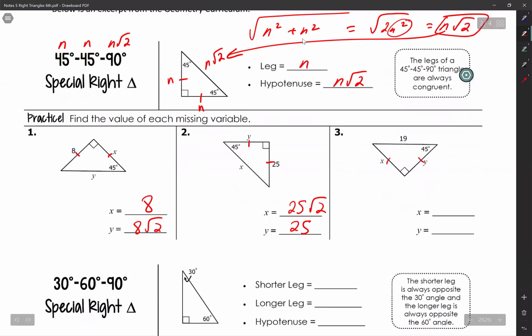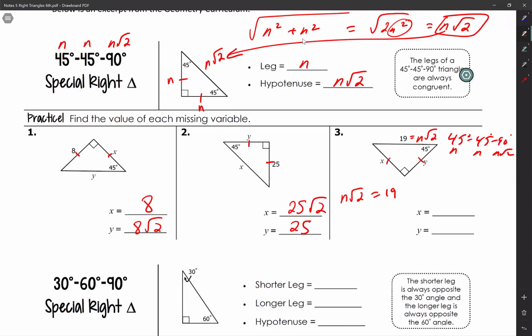On this one, we have to go backwards a little bit. So I'm going to go ahead and describe the 45, 45, 90 degree triangle, with square root of 2. So that 19 is the hypotenuse. That means that 19 is described by the equation n square root of 2, and you want to get n by itself. So let me rewrite it. n square root of 2 equals 19.